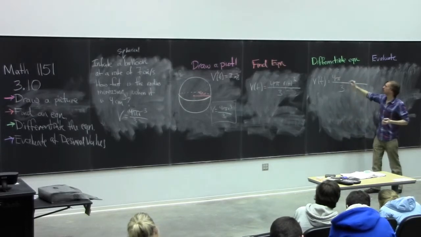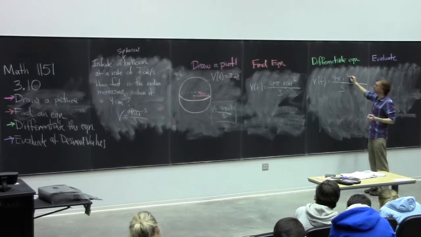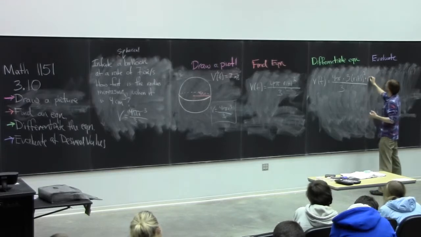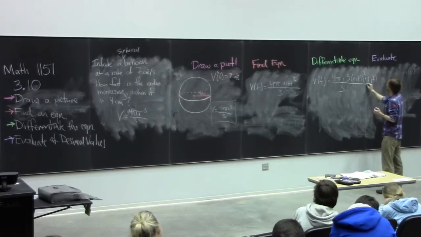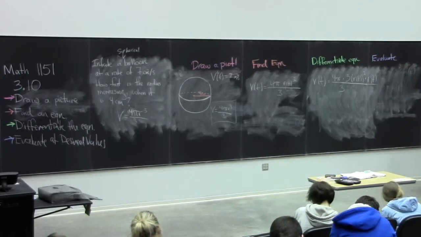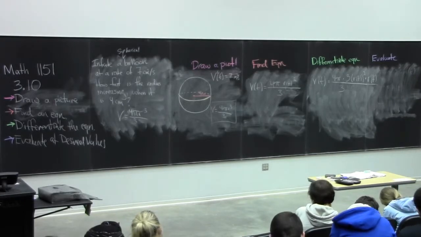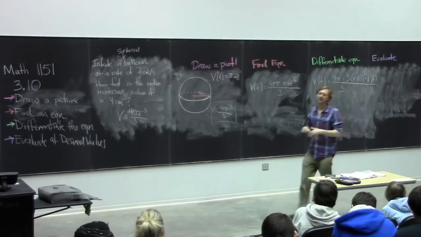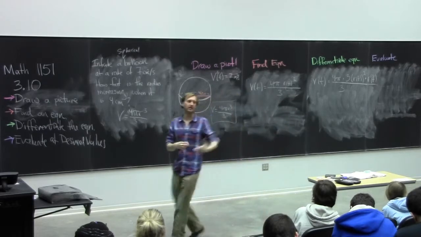And then times 3 r of t squared times r prime of t. And so now we need to evaluate this thing.